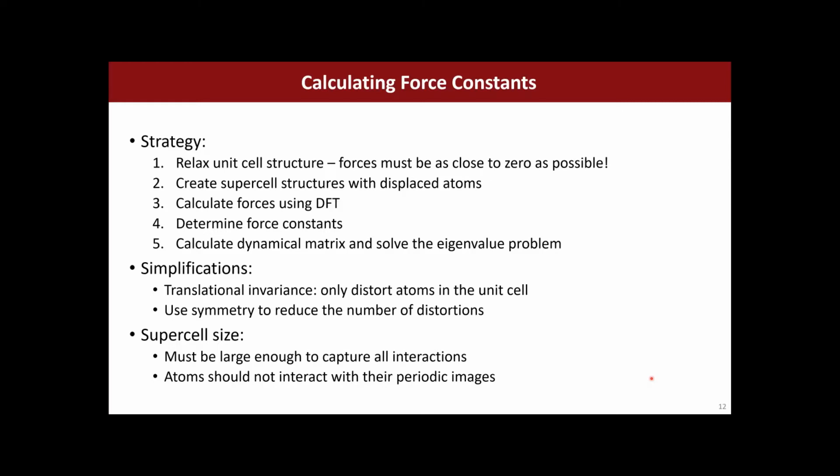We need to create supercell structures with displaced atoms because we are looking at the forces on atoms of essentially the entire crystal. Naturally, we cannot displace a cell of the entire crystal because that's impossible. But we will talk about it in the last point here of the slide. Then calculate the force using DFT, determine the force constants, and then get the dynamical matrix. And then it's just an eigenvalue problem, which is fairly simple to solve.